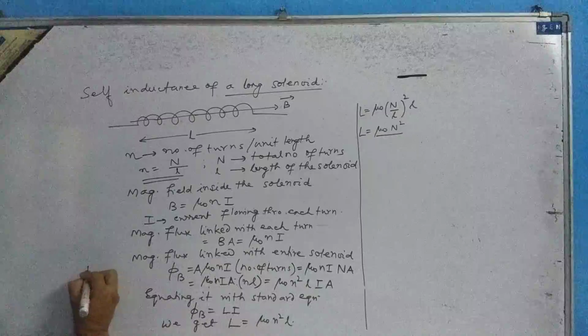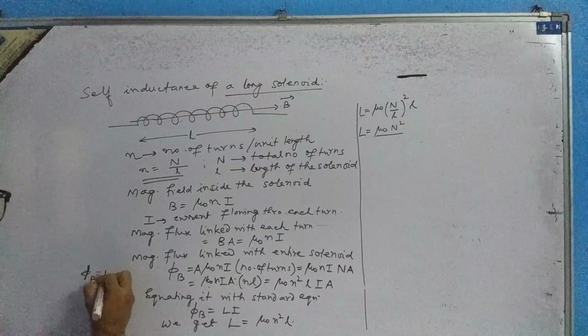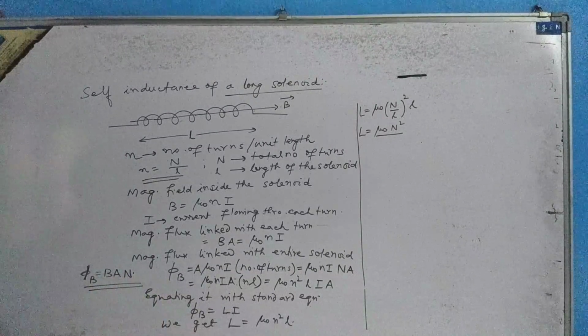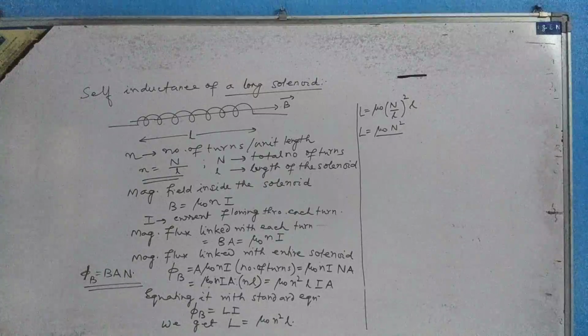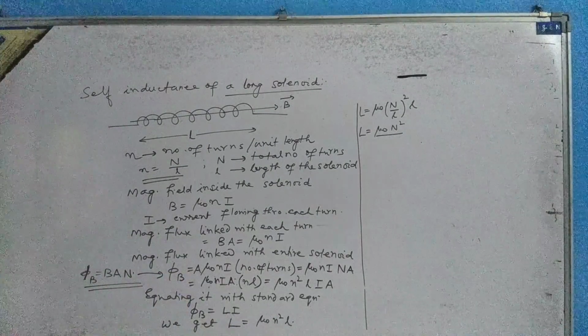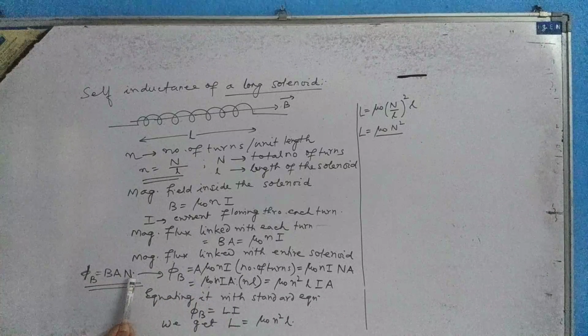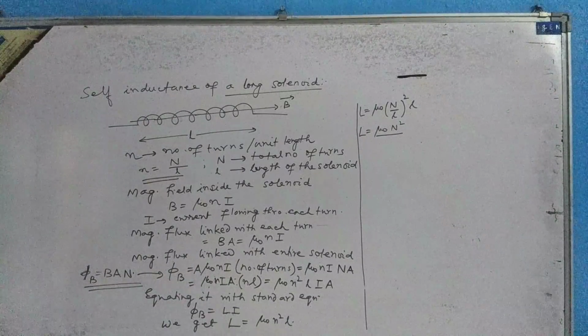Actually what will this be? Here I write it for your convenience. Phi B is equal to B into A into total number of turns. Actually it should be this much. Now match it with this: B into A for one turn, and into total number of turns. Then this will come. Please just check it. We are getting this.